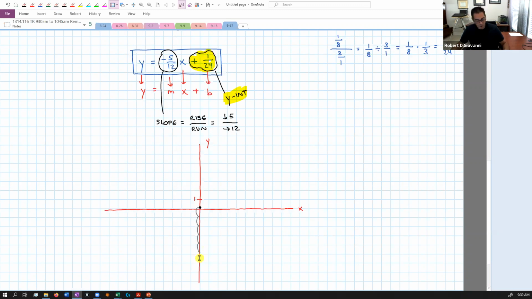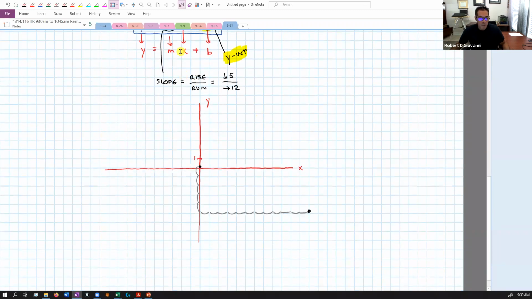And then to the right 12, that's going to be way over here. So 1, 2, 3, 4, 5, 6, 7, 8, 9, 10, 11, 12. So it looks like I have a dot right about there. And then I connect those with a straight line.